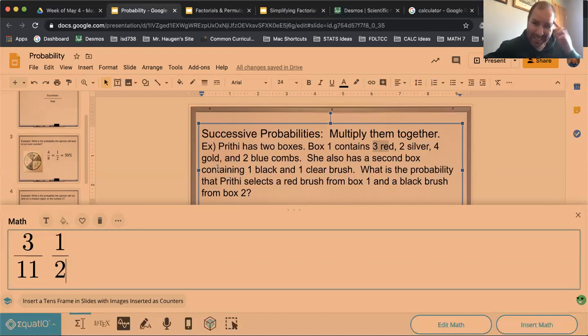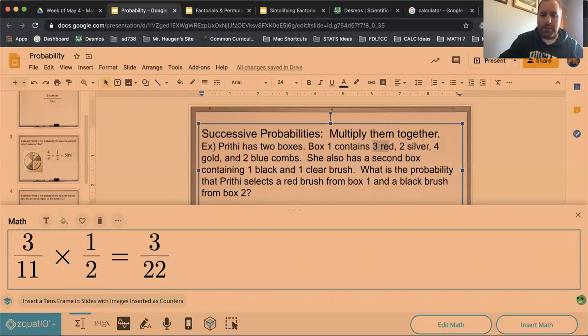Again, a lot of people make the mistake of thinking we should just add these probabilities together. But no, when they are happening in succession, and one thing doesn't affect the other, we just multiply them. So in this case, we would get 3 over 22, which if you want it as a percentage, I don't know off the top of my head, so I have to type that in.